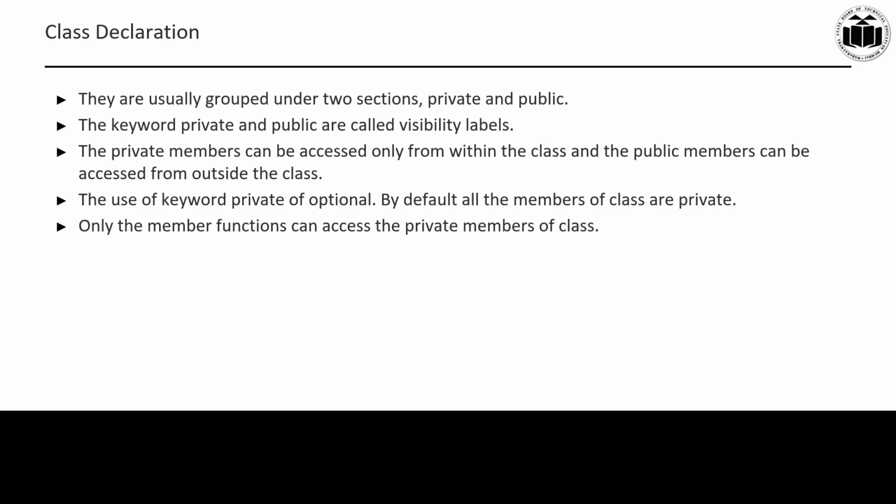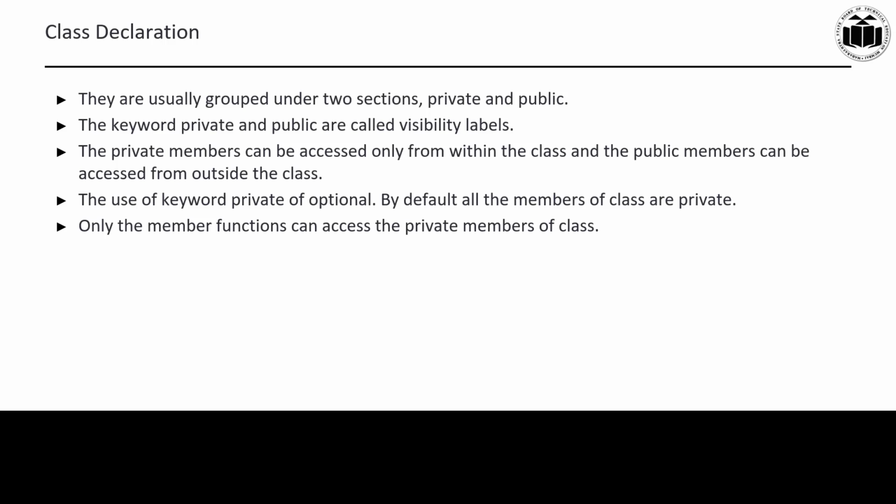So how can we achieve it? Data hiding, or data abstraction, means that only the important and necessary information is shown to the user, and we hide the background details. So how can we achieve this data hiding?